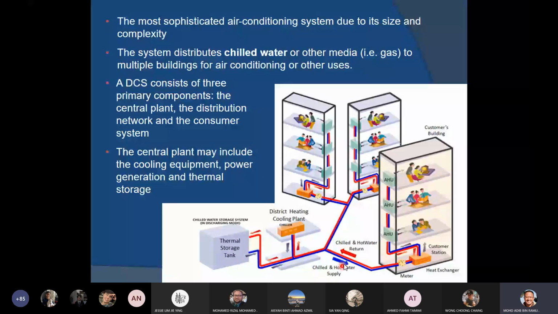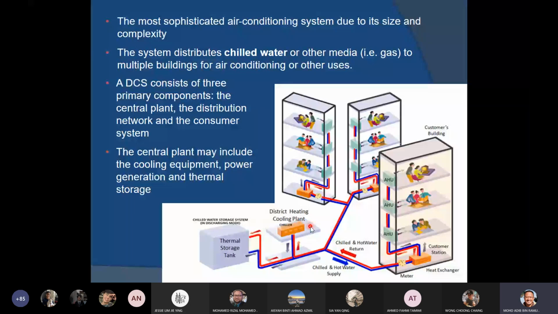Okay, but for the plant system, normally, just imagine at the bottom here is the plant room, and from the plant room it connects to the AHU, and then from the AHU it gets to the spaces, right? But for the district cooling system, the plant room is actually outside. It's quite big. Okay, it's huge.